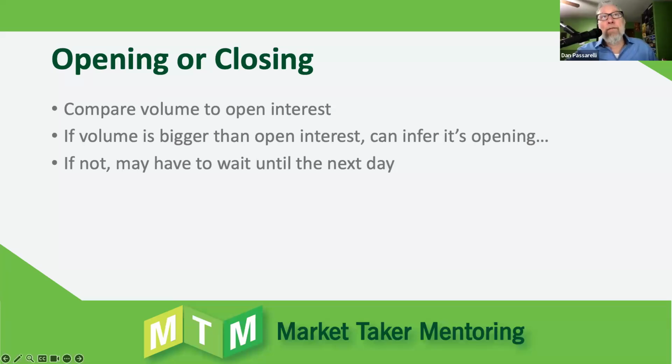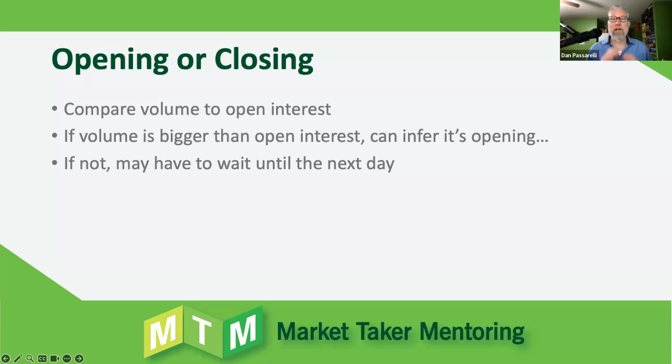You can compare volume to open interest because they're two different things, right? One is what happened, the number of contracts that traded today, that's volume, whereas open interest is the number of contracts that have been opened. So logically, if volume is bigger than open interest, we can infer conclusively that it is an opening position.